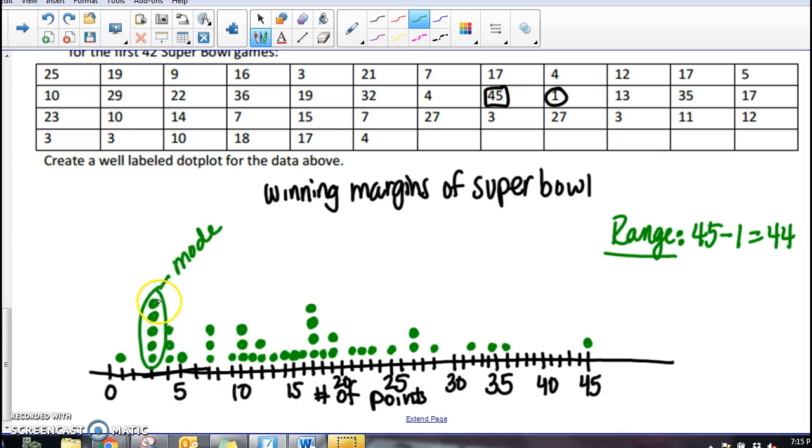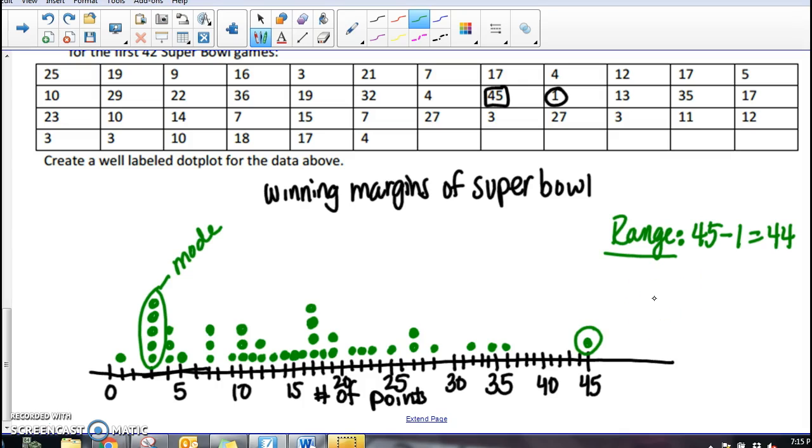So it looks like a difference of 3 happens the most, and then after that it was 17. So there were some very close games, and then some where a few more points were scored, and then we had some that were just blowouts. So this probably was an outlier, out of the ordinary. That game was definitely one that was not even close, and we have a few over here also. We'll talk more about what this actually tells us, but that's how you build a dot plot.